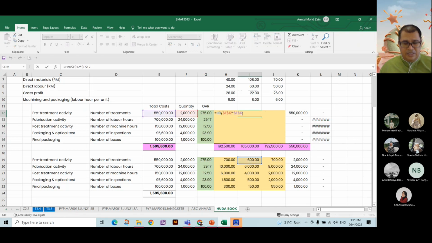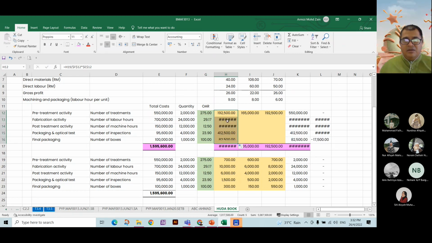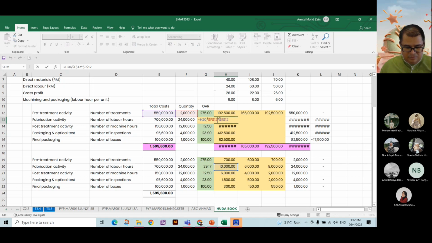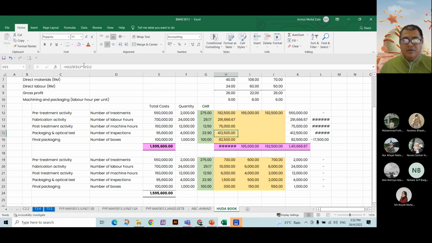So formula dia 600 bahagi 2000 kali 550, 192. So this one dengan 13. Yang ni 14 dengan 14. Yang ni 15 dengan 15. 16.